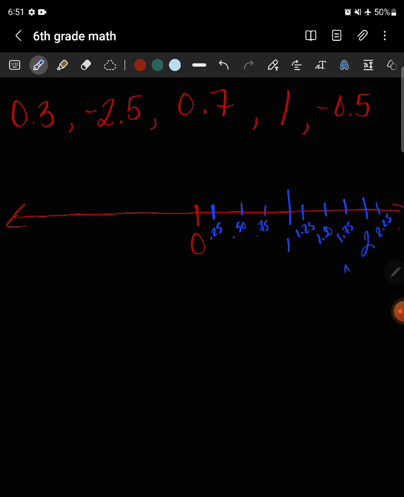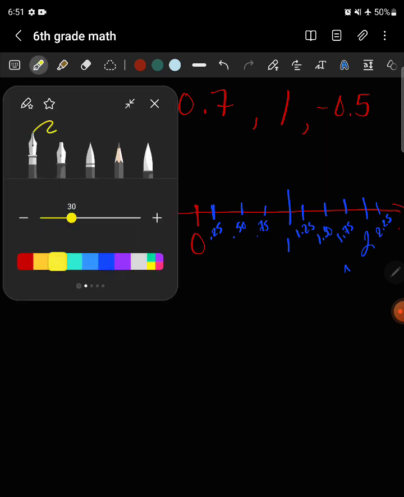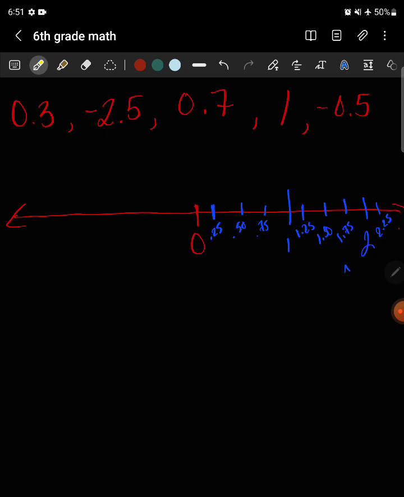Now I got $2.25. Now my negative numbers, I'm going to use yellow, and I'm going to go backwards the same way.